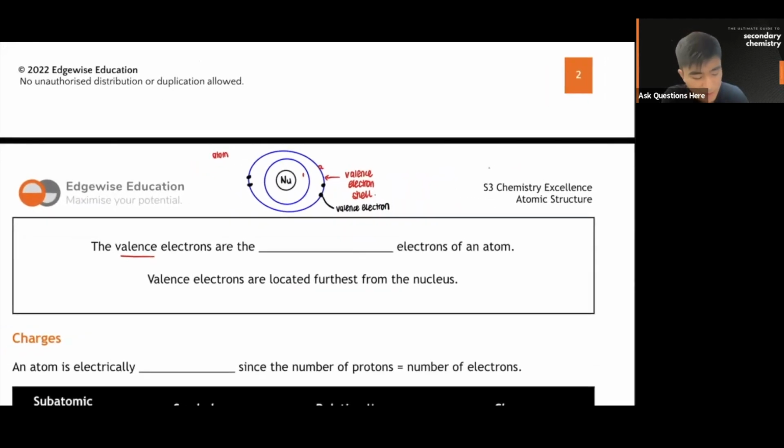Now we know that the valence electrons are the outermost electrons of an atom. Okay, I want to re-emphasize this idea that they are located the furthest from the nucleus. So you see over here, the nucleus is here. The electron is actually all the way outside over here. They are very, very far. They are the furthest electrons away from the nucleus.